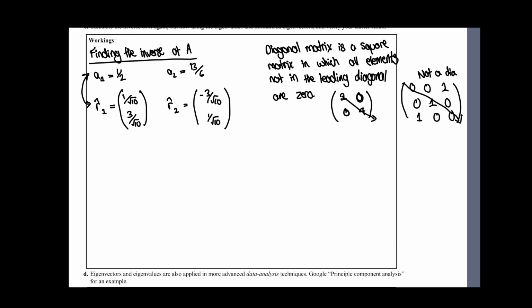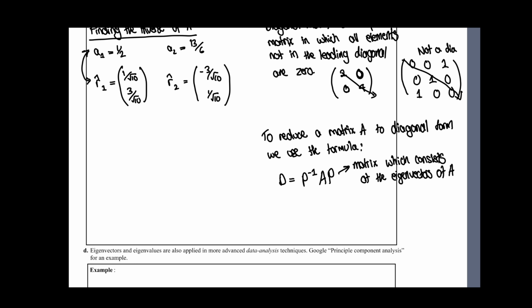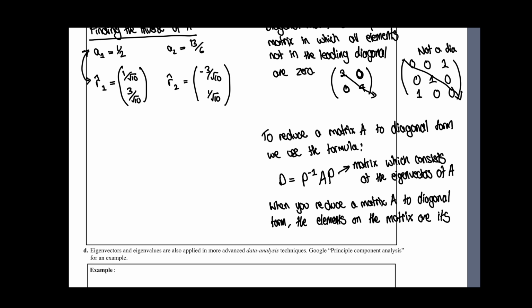Okay, to reduce a matrix, let's call it A, to diagonal form, we use this formula, which goes D is equal to P inverse AP, where P is a matrix which consists of the eigenvectors of A. And what you notice is when you reduce a matrix A to diagonal form, the elements on the matrix are its eigenvalues.